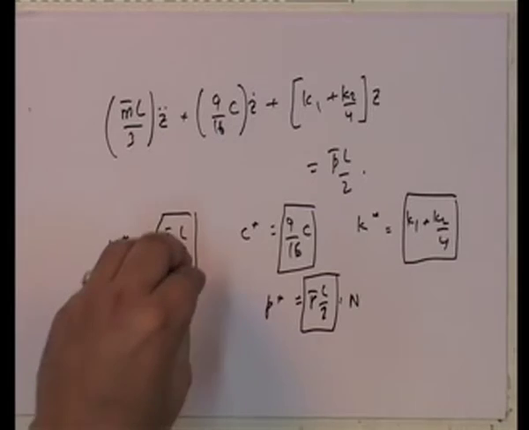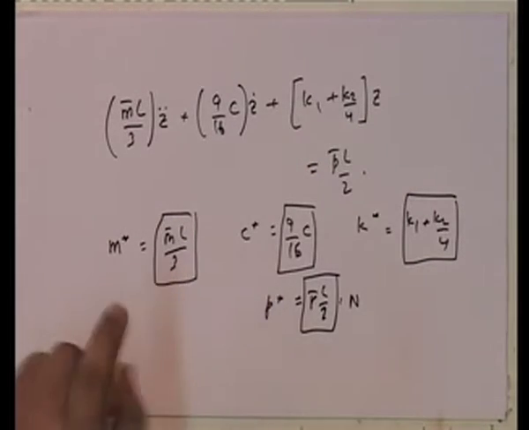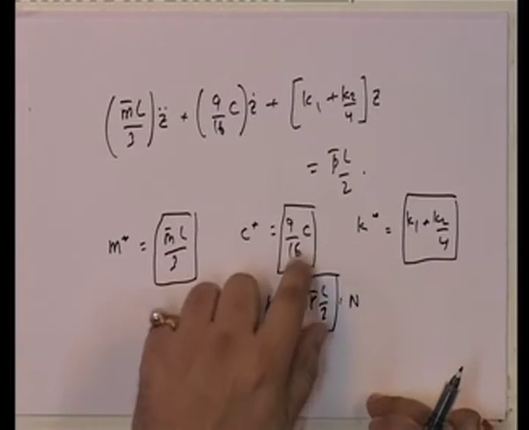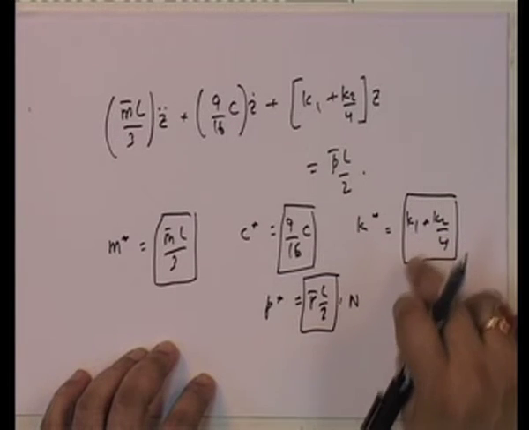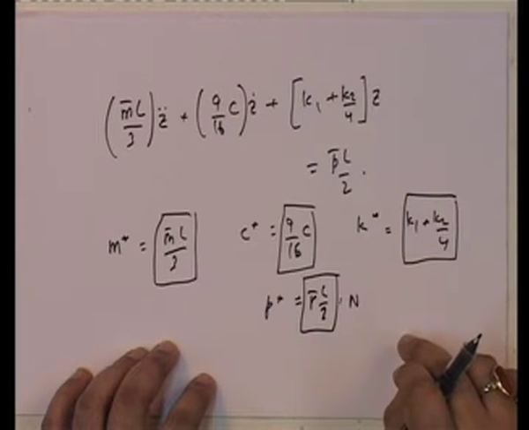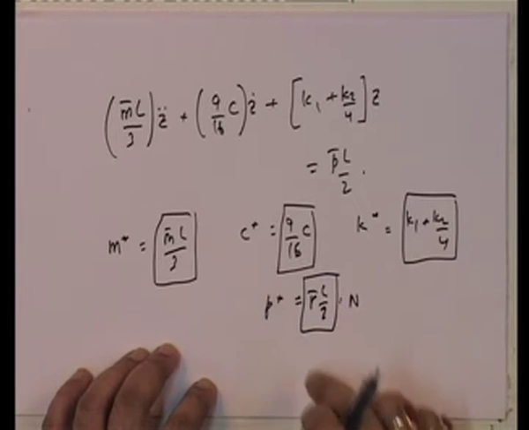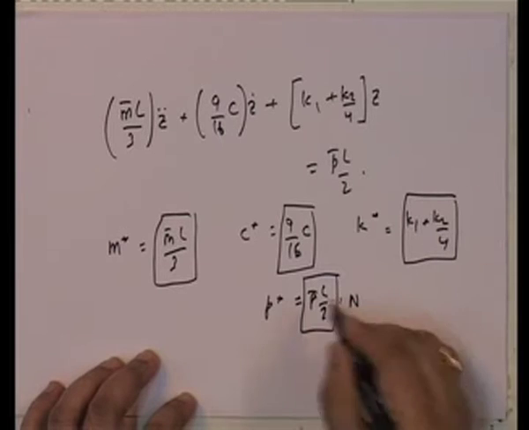This is mass, because if it is z, this has units of mass. If this is displacement, this has units of dashpot constant. If this is displacement, this has units of linear spring constant. And if it is displacement, the P star is a force, and this is the beauty of this.